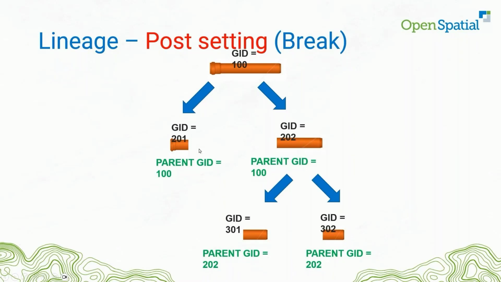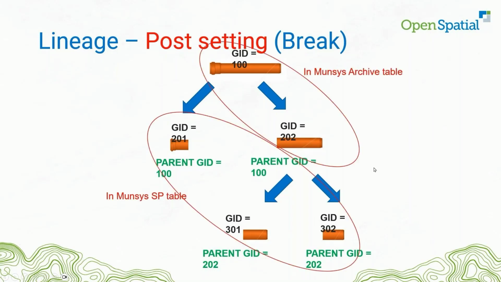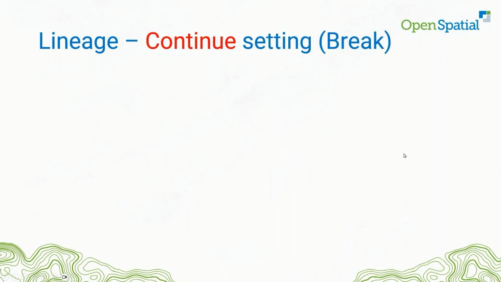So practically it will say I've got this pipe, so this is a 201, 202, the parent GID of both of those are 100, and I go and break this one, so I get two new GIDs, and that one would then have the parent of there. But if I then go and say that then goes into the archive table, so that is if I go and work with automated posting.